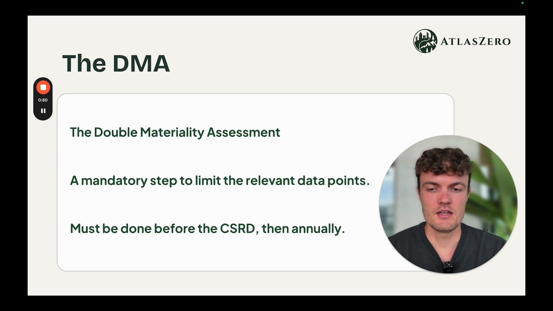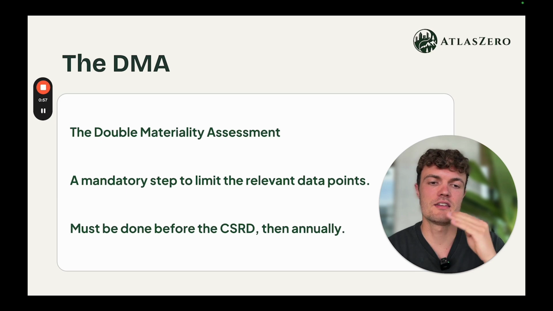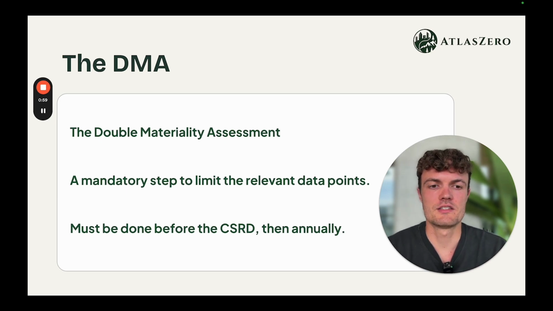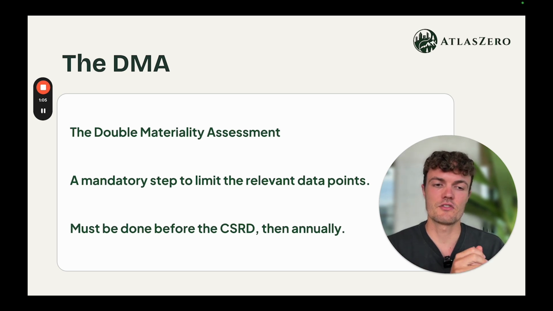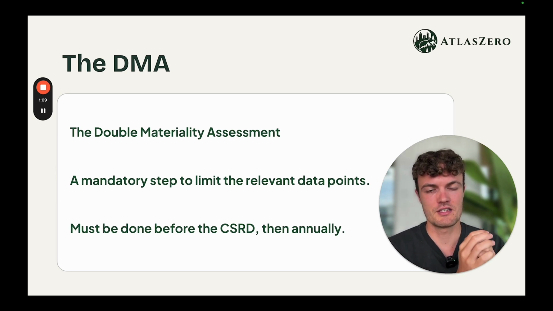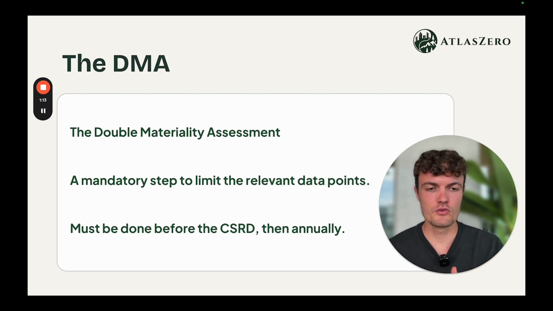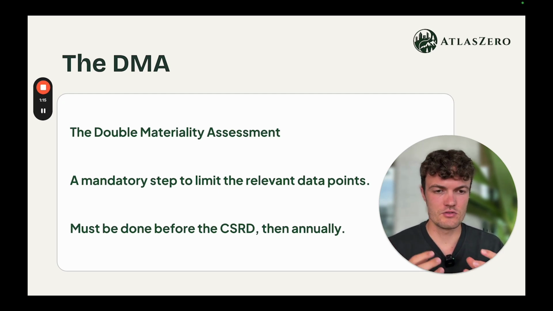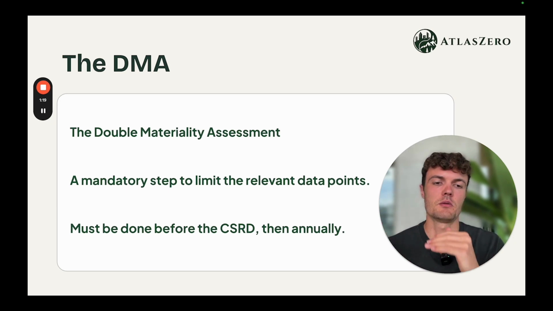The DMA must then be done before the CSRD the first time and then annually. But if you do it right, it's not that you have to start over every year again and have the same effort. Basically, as soon as you do a double materiality assessment, then over the year you can work on it, improve on it, look into a couple more details, and make sure that your assessment each year is a little bit better.